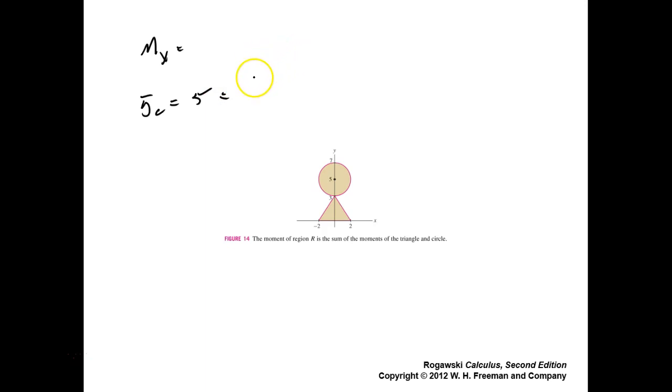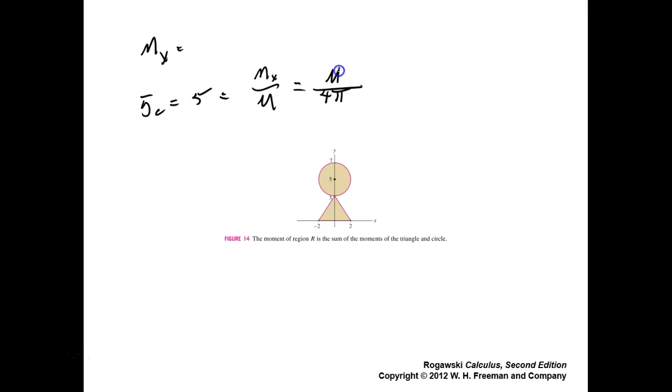And do you want to hazard a guess what M is? And what is r? 2 squared is? So 4 pi is your denominator. Making great progress here.